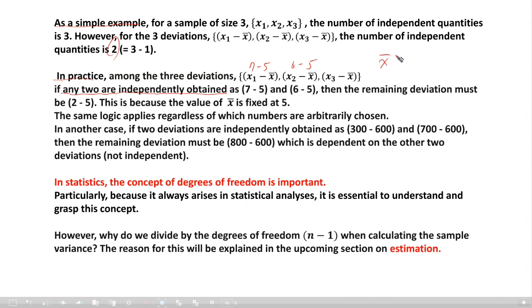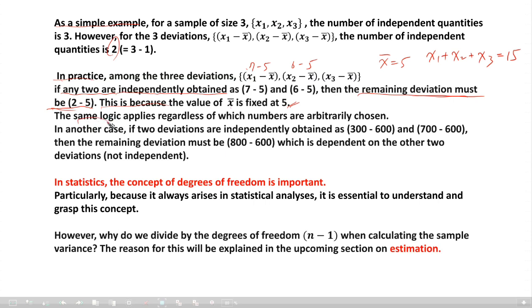We already know x bar is 5, so x1 plus x2 plus x3 is 15. With x1 being 7 and x2 being 6, x3 is 2, right? So the remaining deviation must be 2 minus 5, not independent. This is because the value of x bar is fixed at 5. It is not magic.